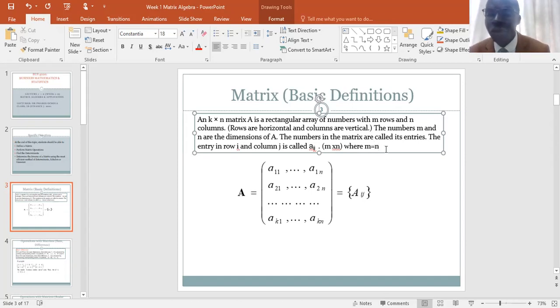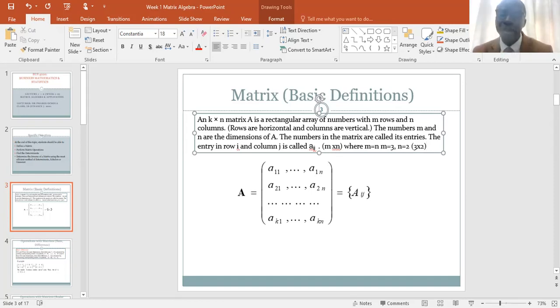I'll give you examples of a rectangular matrix. For example, 3 by 2. 3 are the rows, 2 is the columns. Remember, it is not 3 times 2 equals 6. No, it's 3 by 2, when m is equal to 3 and n is equal to 2. That is a rectangular matrix because the number of rows is not equal to the number of columns.